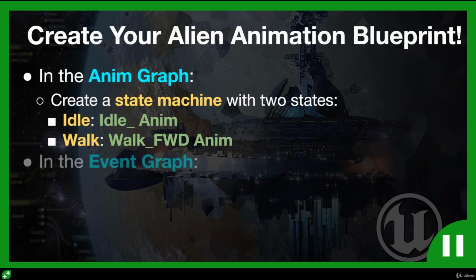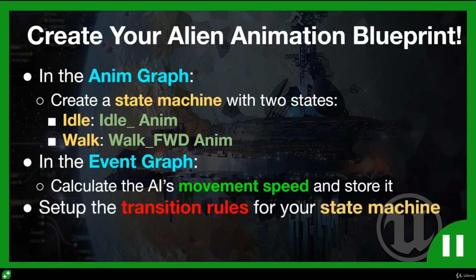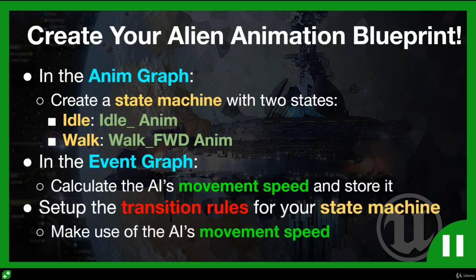Then in the event graph, calculate the AI's movement speed and store it as a variable, so that you can then set up the transition rules for your state machine by making use of the AI's movement speed. So pause here and take your time with this. Remember, you can always refer back to your Marine's animation blueprint to guide you through this if you get stuck. And then once you're ready, come back to the lesson and we can carry on.